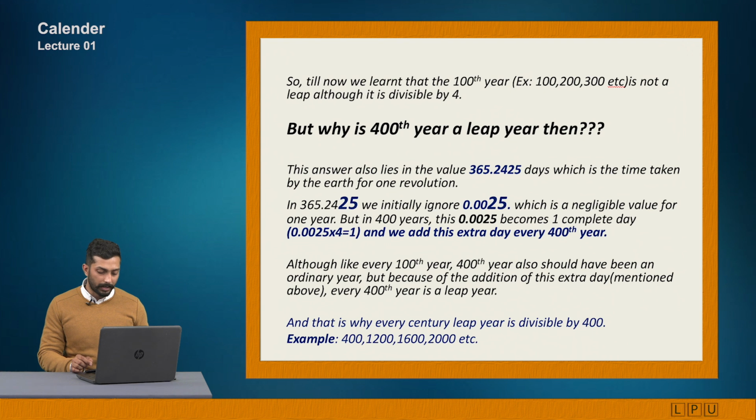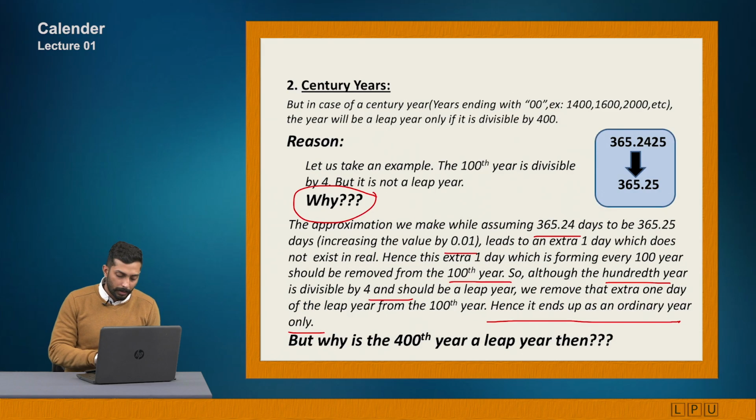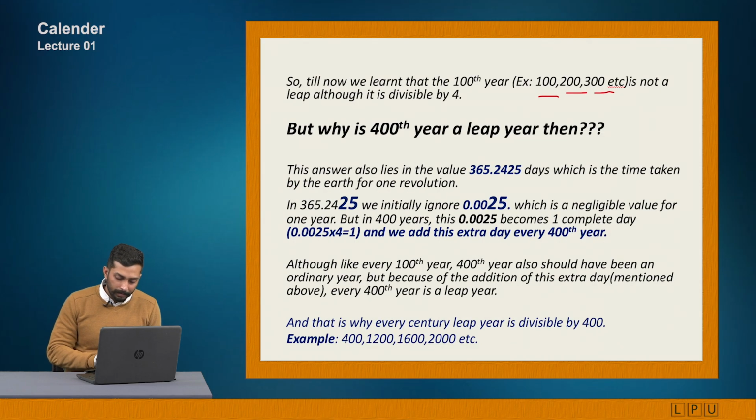Roughly, we can say that 100, 200 and 300 are not leap years, although they are divisible by 4, just because of the 0.01 addition for every 100th year. The answer also lies here: 365.24, we initially ignored this negligible value for 1 year, but in 400 years this becomes a complete day.